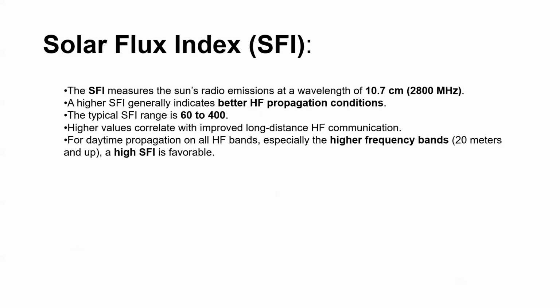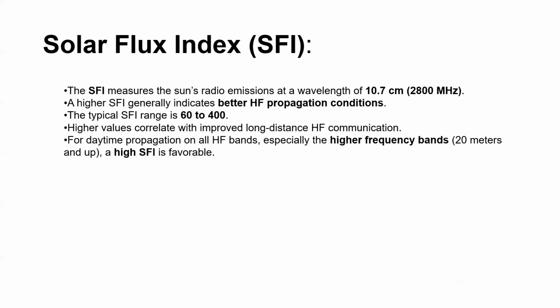So first up is solar flux index, SFI, and the SFI measures the sun's radio emissions at a wavelength of 10.7 centimeters, or 2,800 megahertz. Well, I'll say that the SFI is kind of a proxy for the sunspot number.